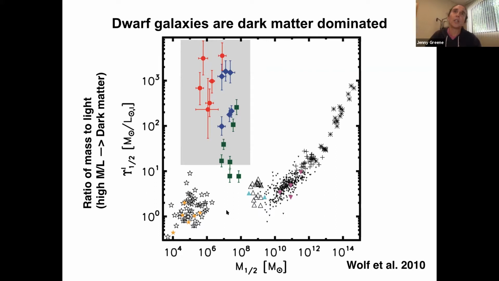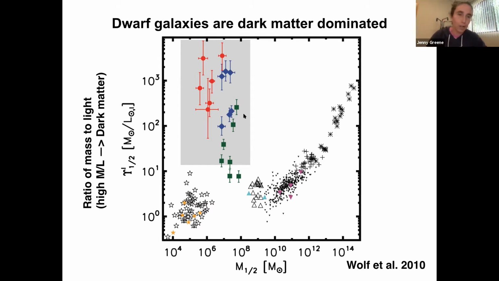And so you can see that dwarfs and galaxy clusters here at high mass are among the most dark matter dominated structures. Therefore, we might hope that all of the baryonic physics that we don't understand completely is less important in this regime, and we can actually study more pristine dark matter halo shapes, for instance.